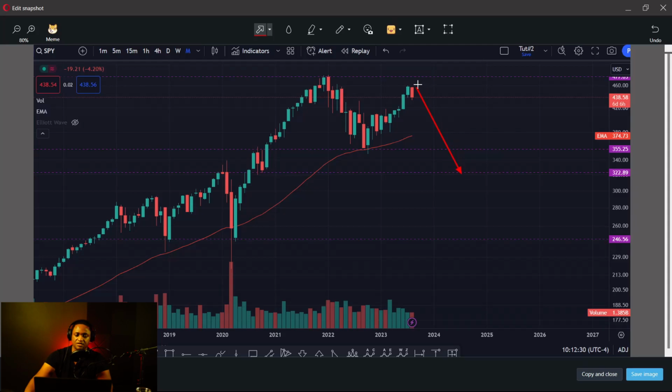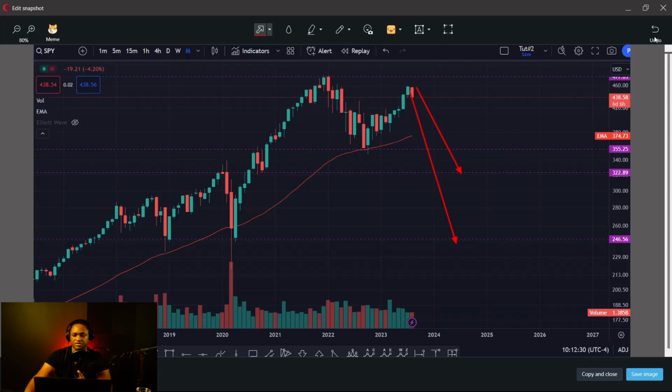All right, for me, that would be the worst case. I don't see the market going all the way down here without any major pullback. That would be catastrophic, but these are possibilities in the market that we need to keep in mind.